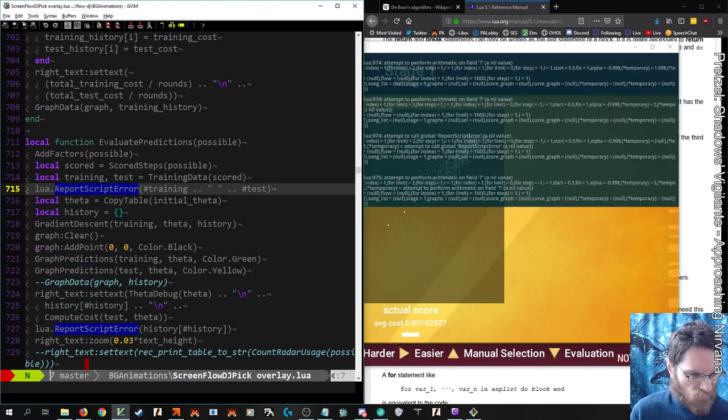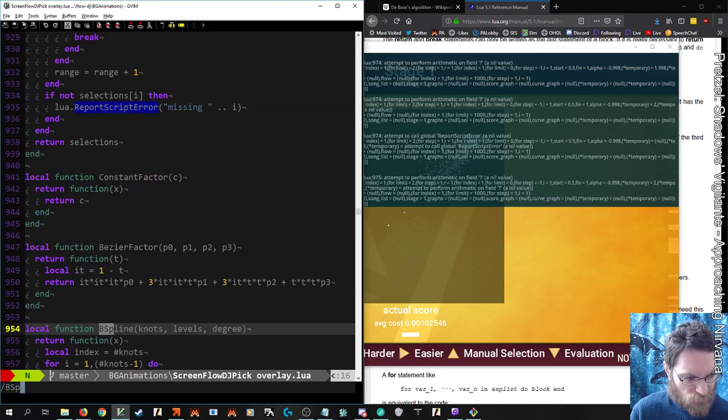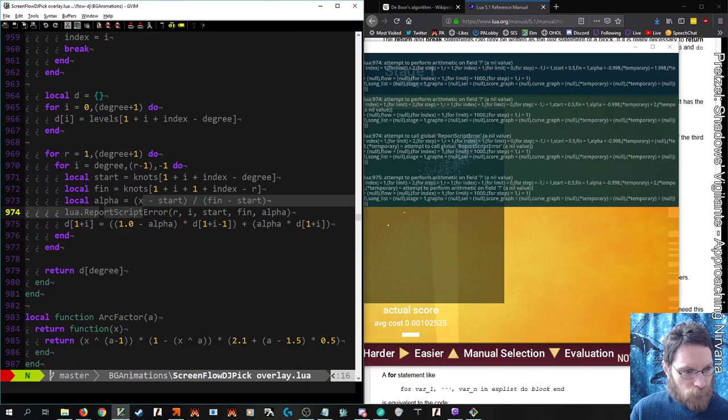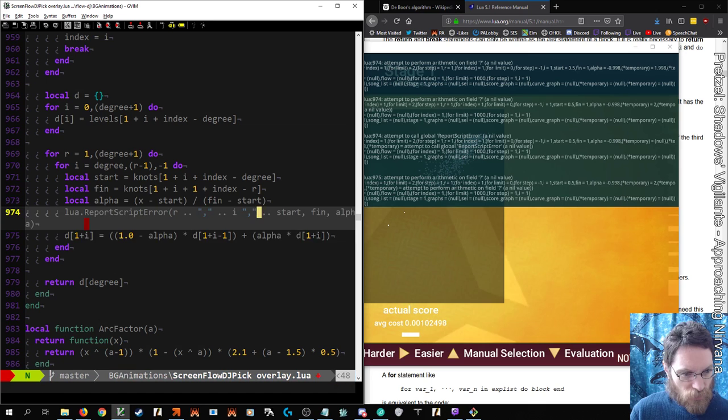That's pretty much string concatenation. This is not super pretty, but I'm just interested in getting some basic information out right now.